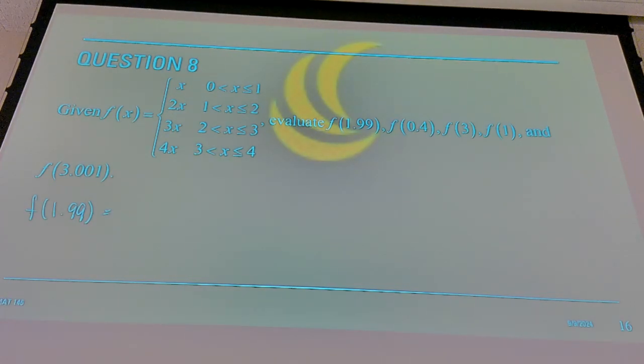Second one. F of 1.99. 3.98. F of 0.4. First one. Oh, that one's nice. Just 0.4.